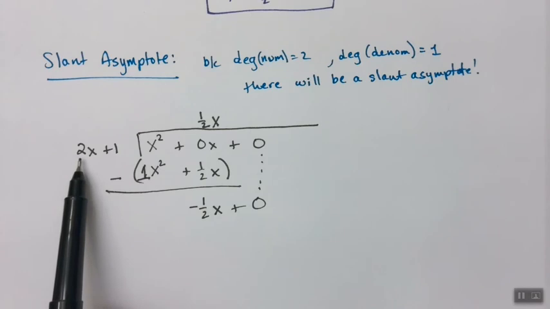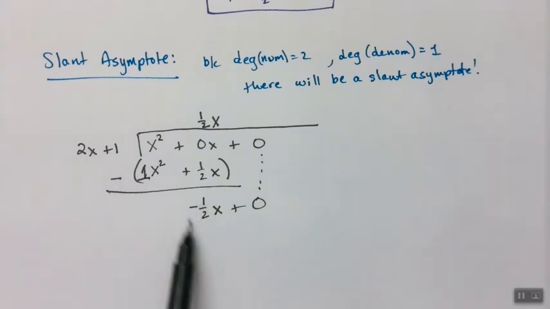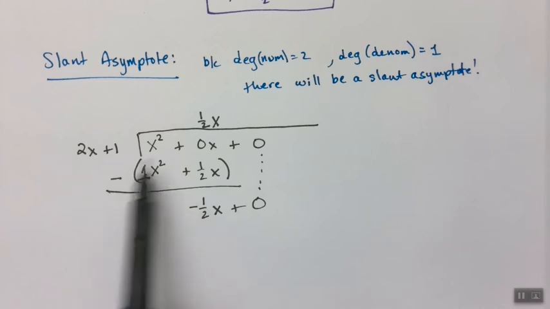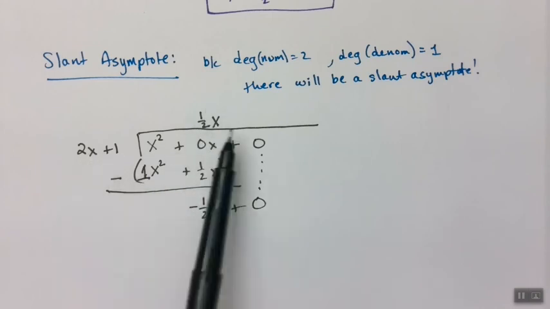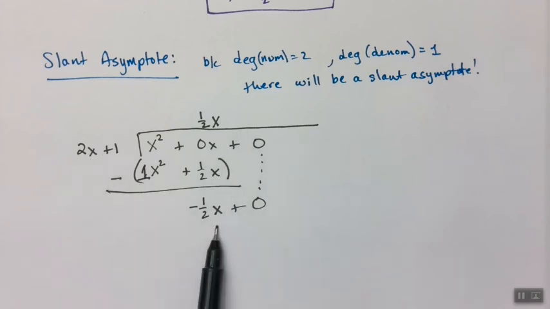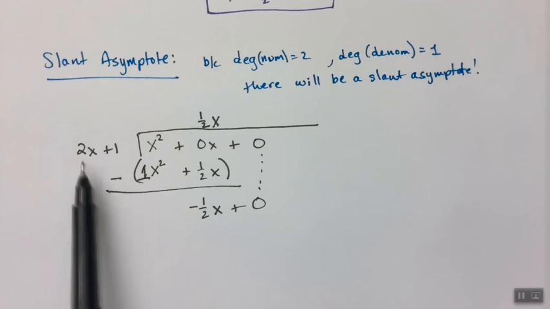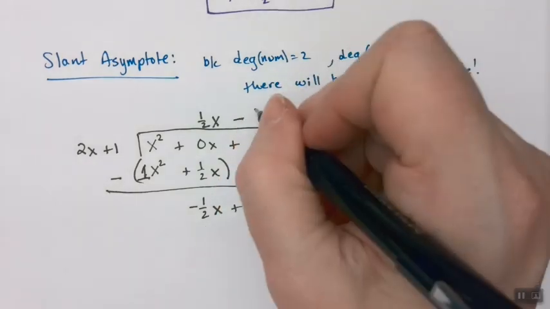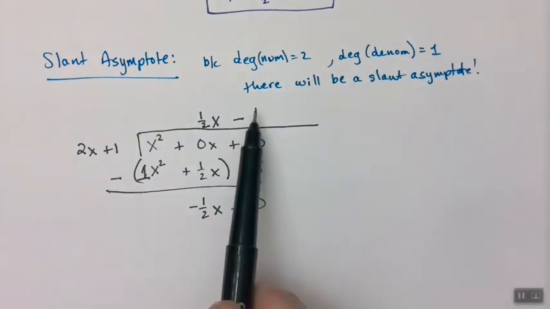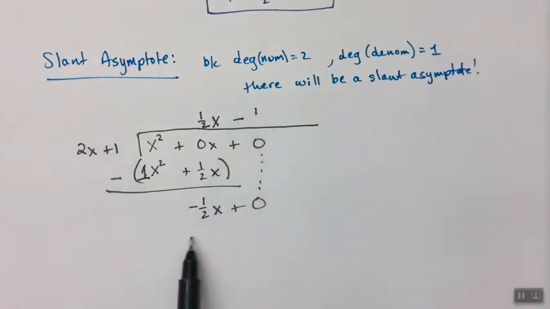So I need to multiply 2x by something to get negative a half x. Well, it's not going to have any x in it, which is good because I've already used up my x term. It's not going to have an x because x times 2x would get me x squared. So it's just going to be a number. I need to multiply by a number to get from 2 to negative a half. We'll start with negative 1, right? If you multiply by negative 1, that would be negative 2.